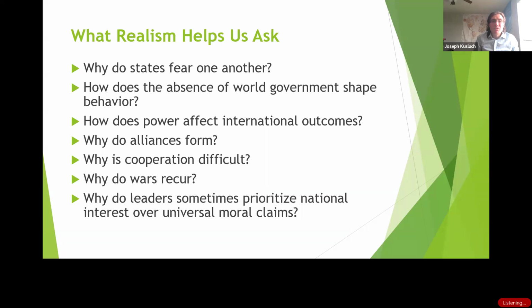Because of that, states must pay attention to power, security, and their relative position in the global community. Cooperation is possible, but it is fragile. Morality does matter, but it is constrained by danger, uncertainty, and responsibility.